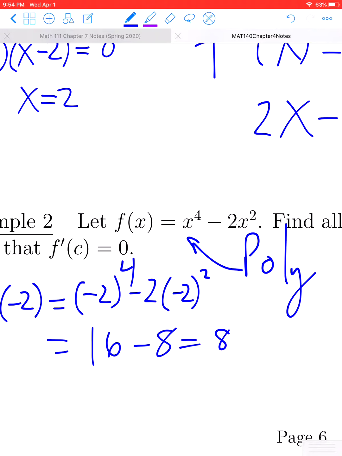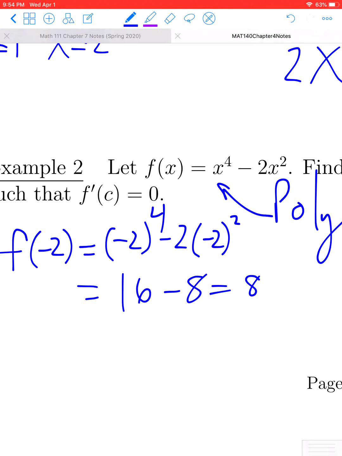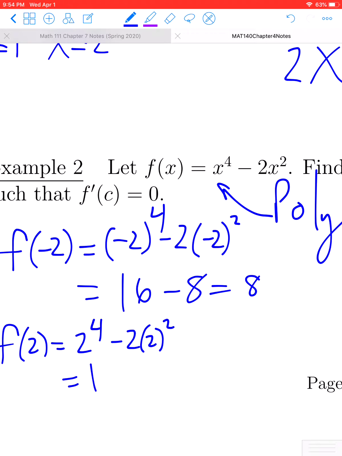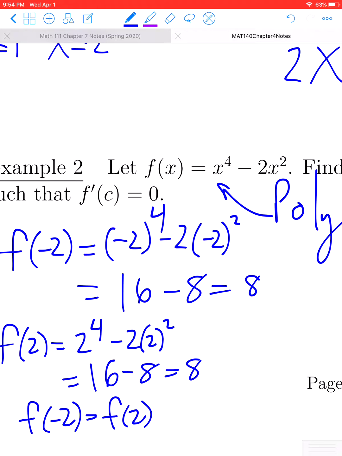So we're going to get 8. So f of -2 is 8. Let's take a look at f of 2. This is going to be 2 to the 4th minus 2 times 2 squared. That's equal to, again, 16 minus 8, which is also 8. So it is true that f of -2 is equal to f of +2.